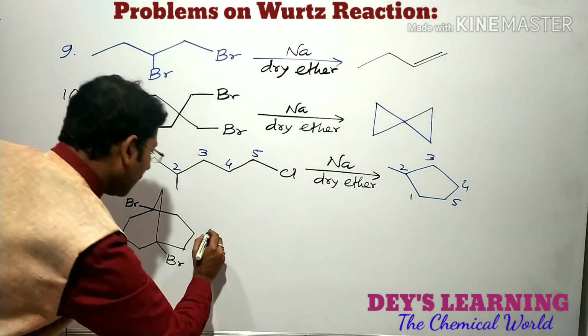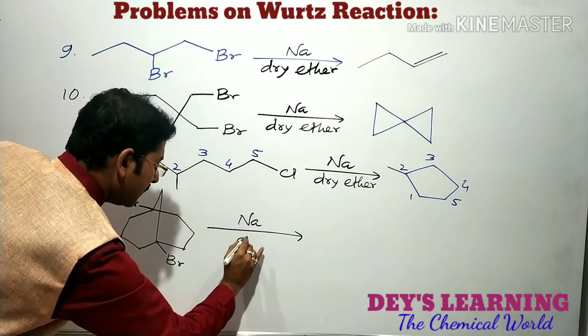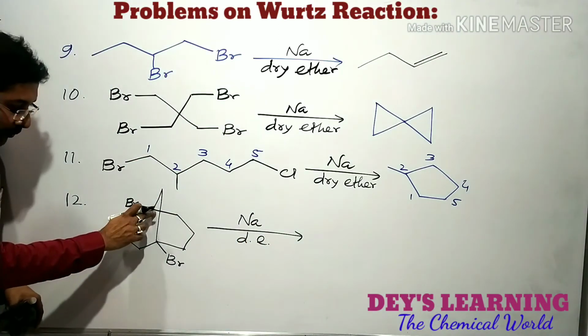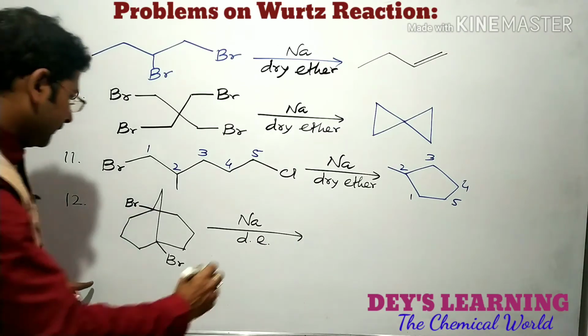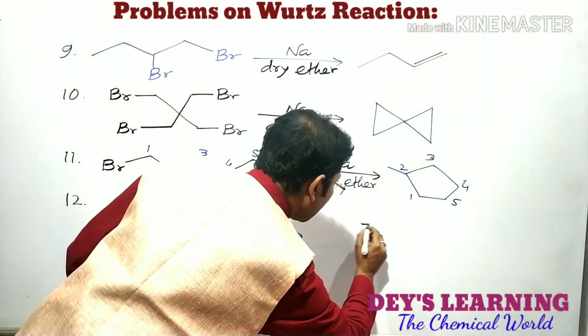If we treat this molecule with sodium in dry ether, what will happen? Two free radicals will be formed here, and these two will combine. So we will get the product like this.